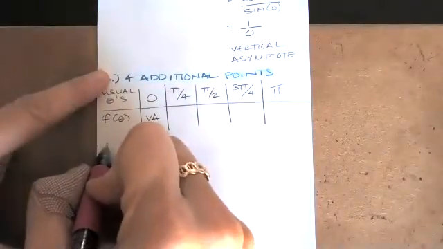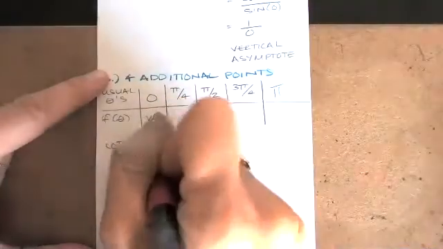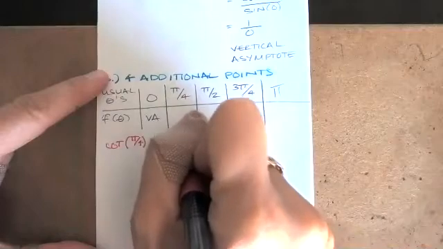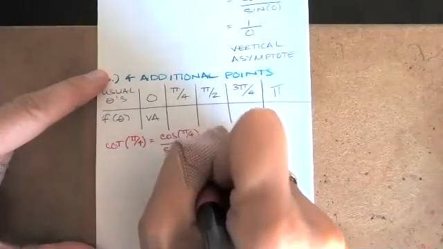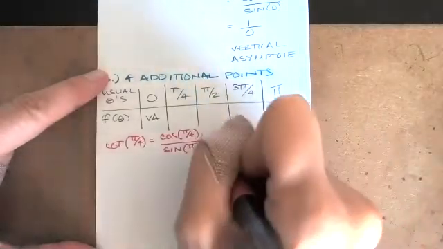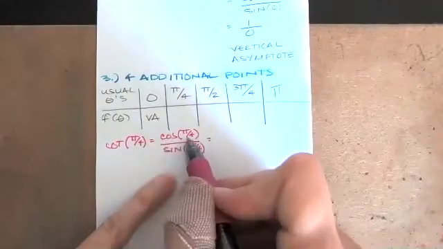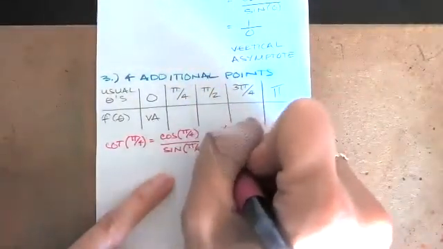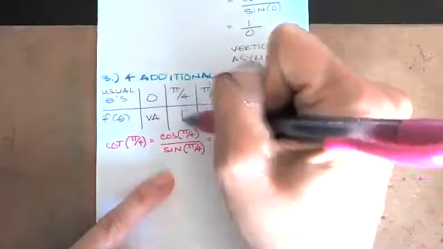So if we have the cotangent of pi over 4, remember that's the same as the cosine of pi over 4 over the sine of pi over 4. So the x-coordinate of this angle over the y-coordinate of the angle. So this is 1 over the square root of 2 over 1 over the square root of 2, which is just 1.